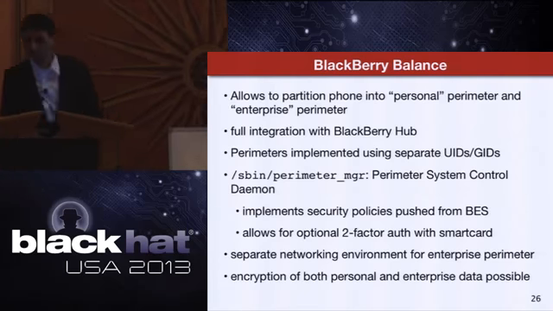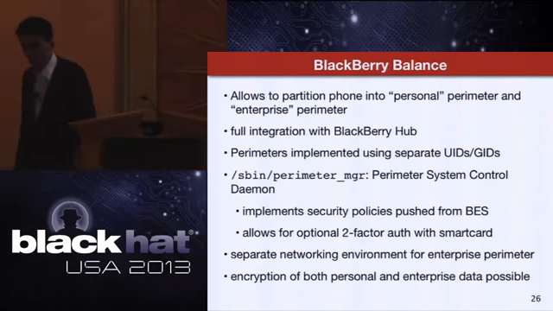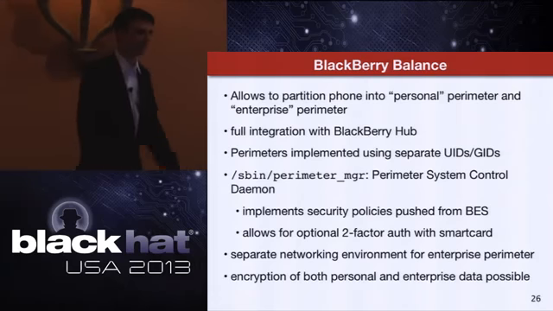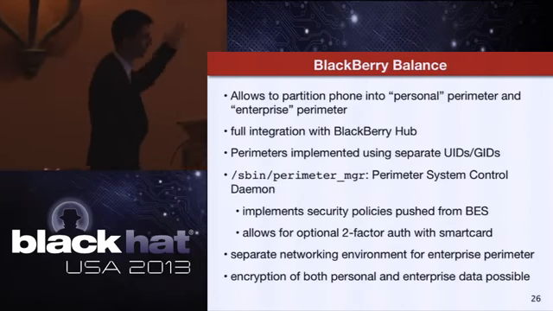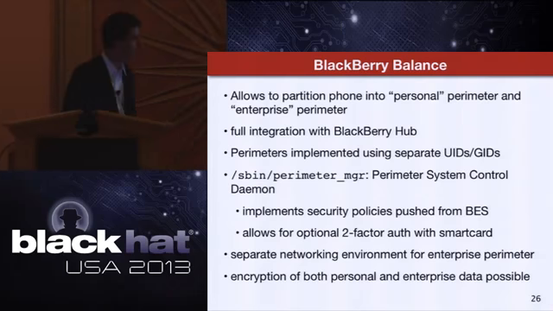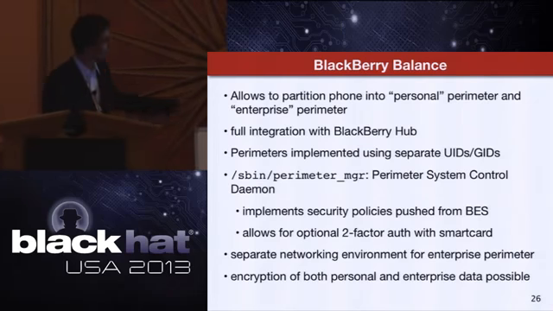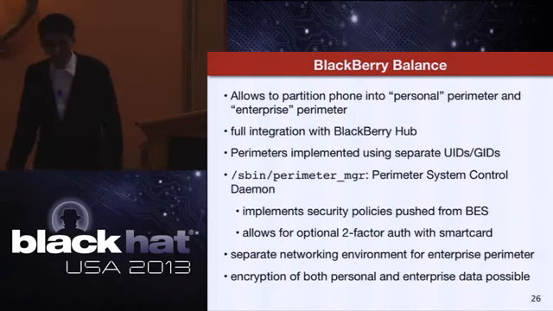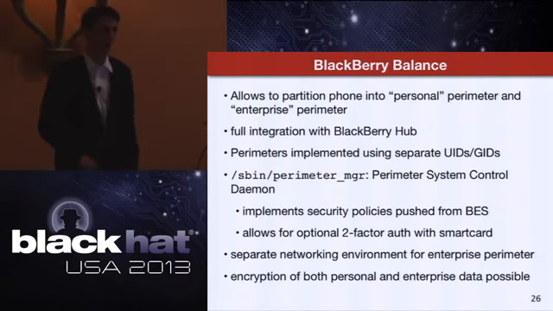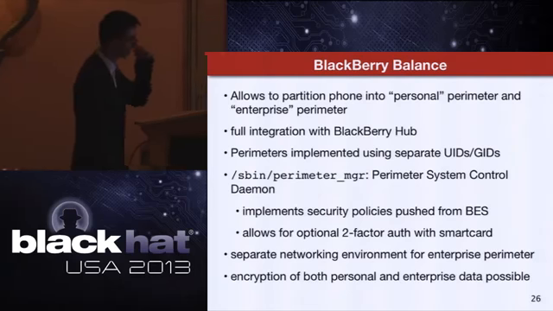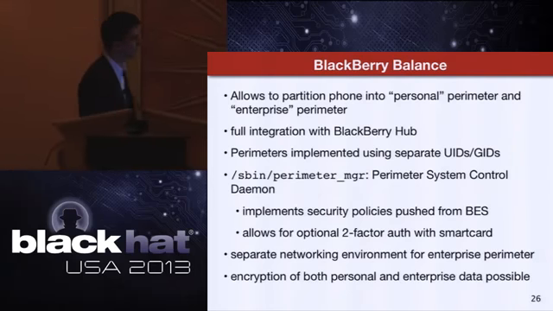And the perimeter manager is the thing that actually implements all of this, that gets the policies back from the enterprise server. And this basically translates the security policies to things that are usable for the rest of the system, for instance, to Authman configurations, and also allows for optional two-factor authentication with the smart card.